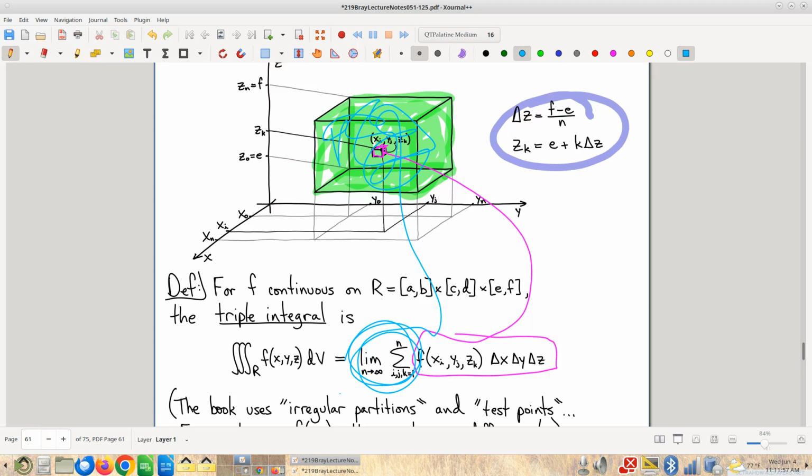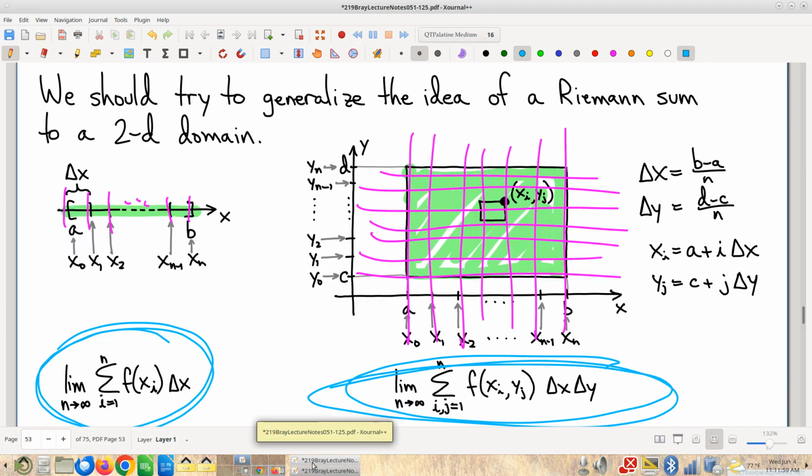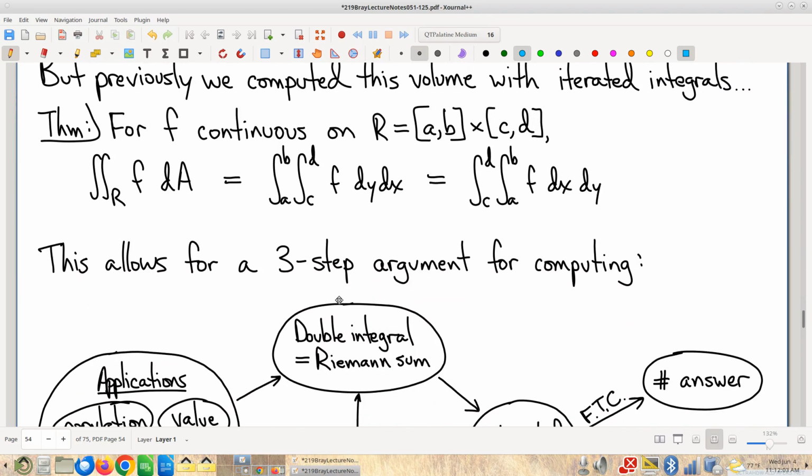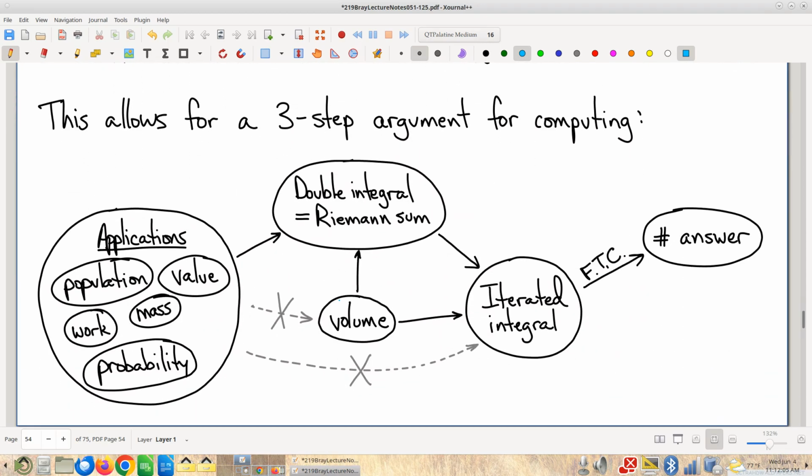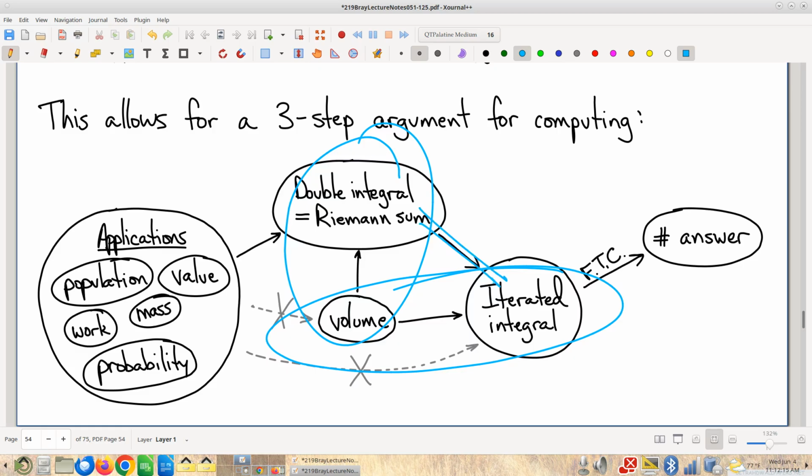With double integrals, pretty early on, we made this observation that because you can compute volume under a graph with both double integrals and iterated integrals, the big observation then was that I don't even really need the concept of volume.